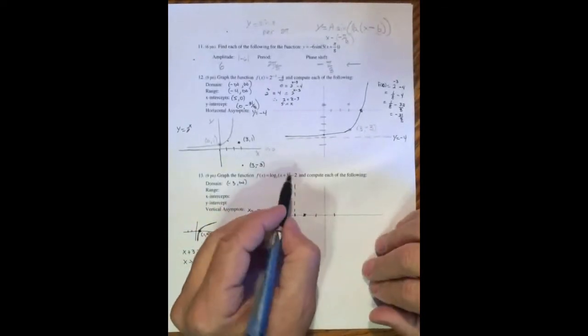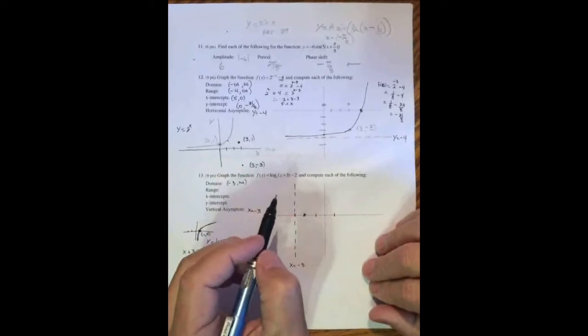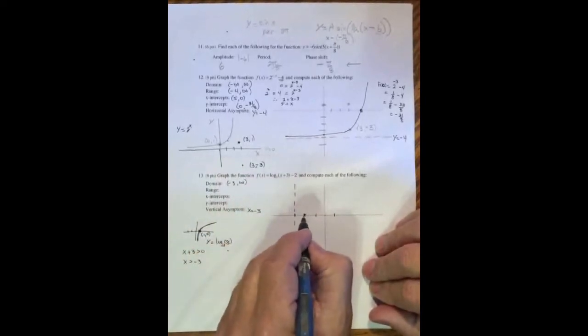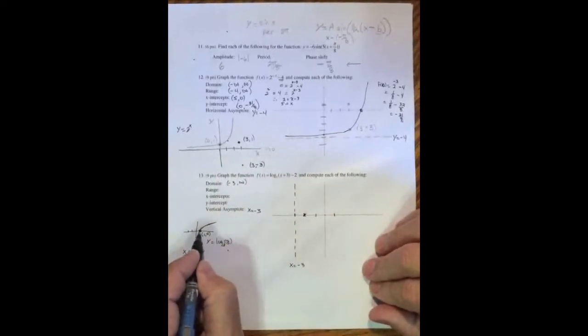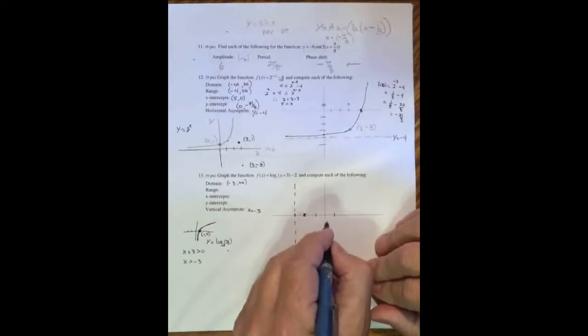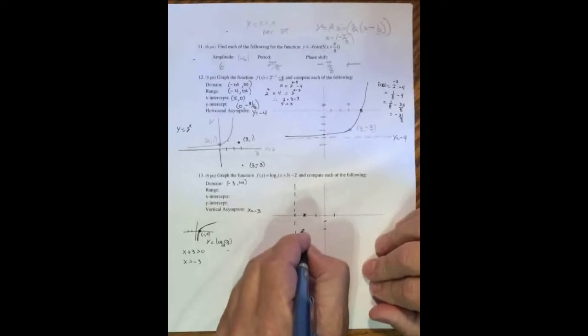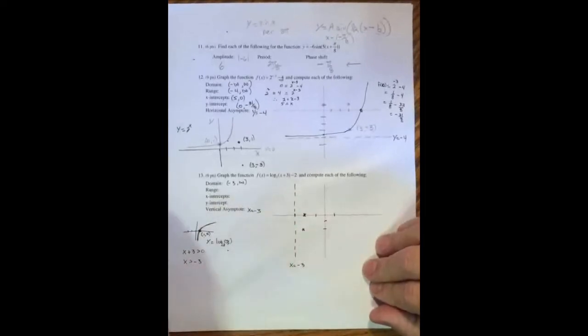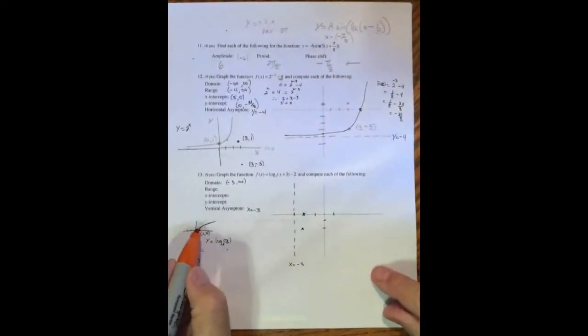Now finally, the minus 2 does what? Well, we take this point and we move it what? 1, 2 units down. So it's now right here. So what's the curve going to look like? Well, it's going to look like this curve right here, but shifted 3 to the left and 2 down.